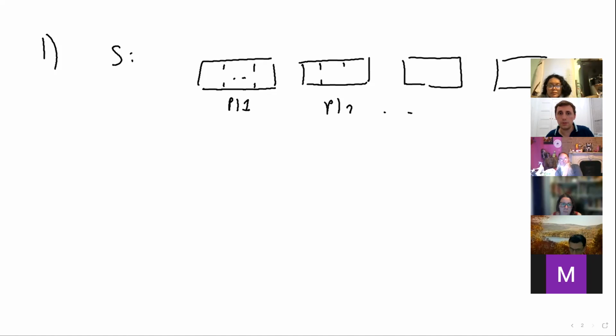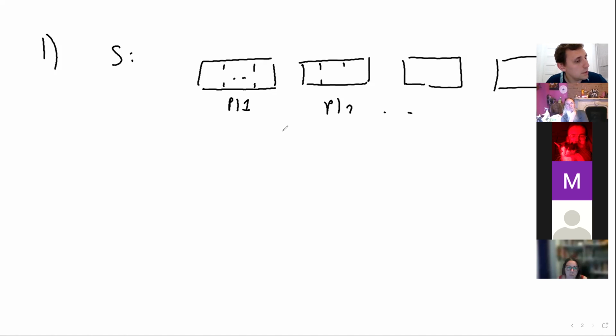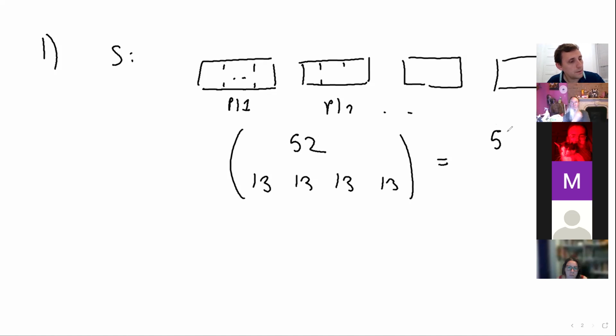So how many possibilities are there? That's 52 cards. 13 of the cards go to player 1, 13 go to player 2, 13 to player 3, 13 to player 4, and the answer is then 52 factorial divided by 13 factorial to the power of 4. You understand how that works?